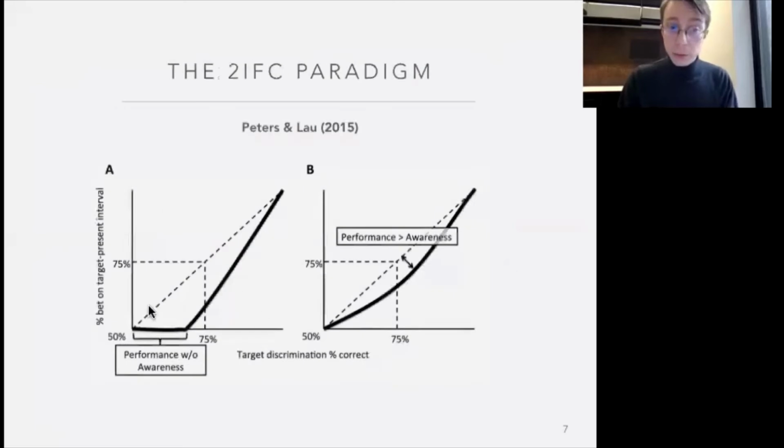Okay, so here's what we would expect if there is some amount of unconscious perception. We would expect that participants can do the discrimination task, they can tell you whether it's left or right, and yet they're unable to tell you that the target was more visible in the target present interval compared to the target absent interval. Okay, so we should find this kind of hockey stick in the data.